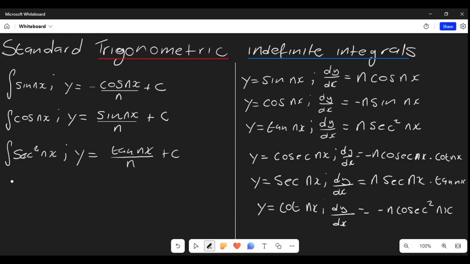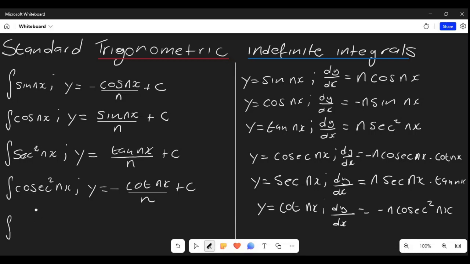And then for cosec squared nx, the integral here is going to be y equals negative cot nx over n plus c.